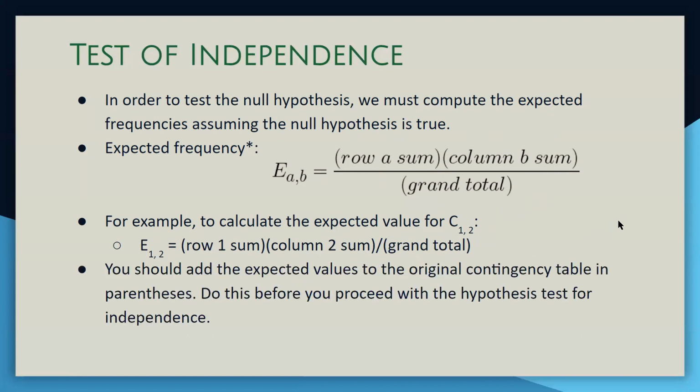If you are calculating this by hand, you should add the expected values to the original contingency table in parentheses. You would do this as a first step before you start your hypothesis test.